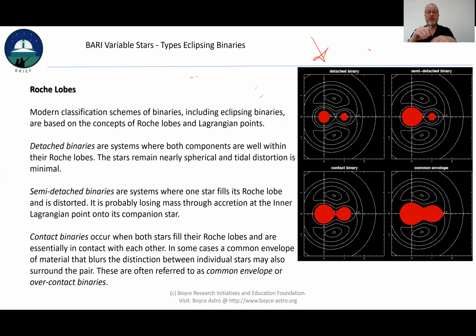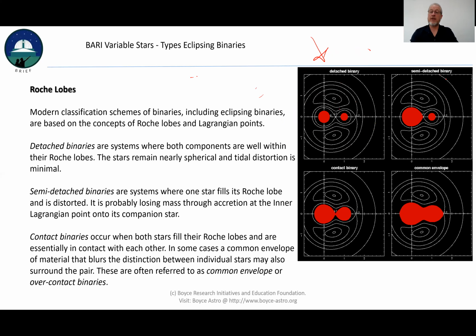Semi-detached binaries are systems where one star fills its Roche lobe and becomes distorted. It's not spherical anymore, it becomes ellipsoidal. It's probably losing its mass through accretion and through the inner Lagrange point onto the companion star.